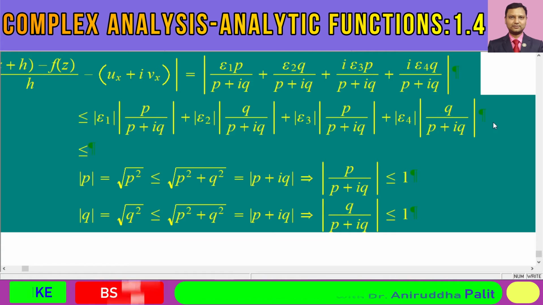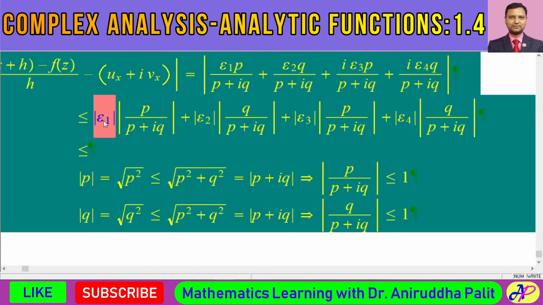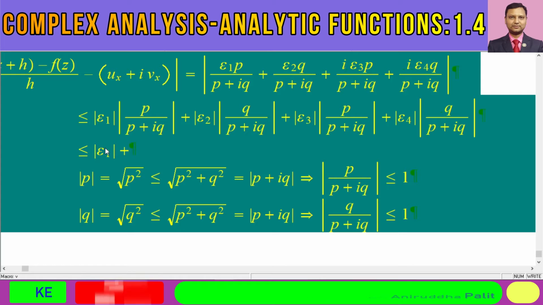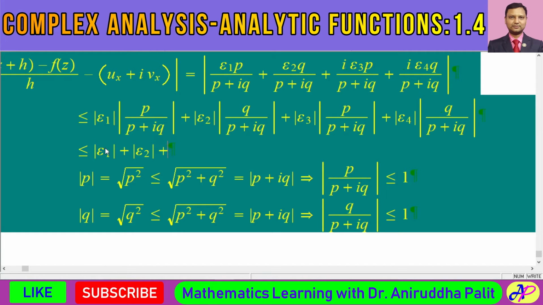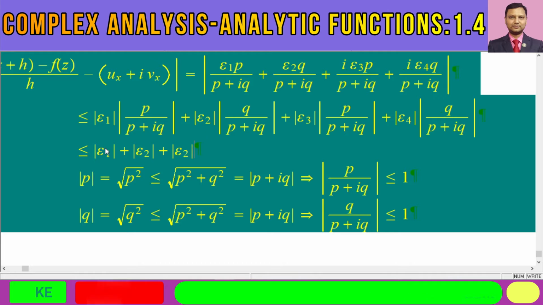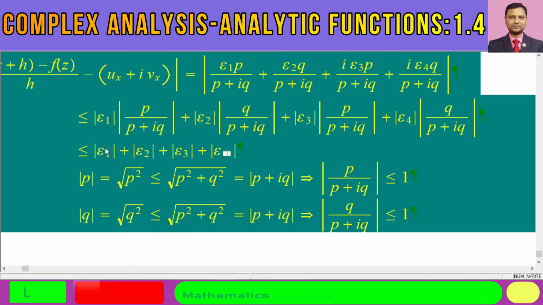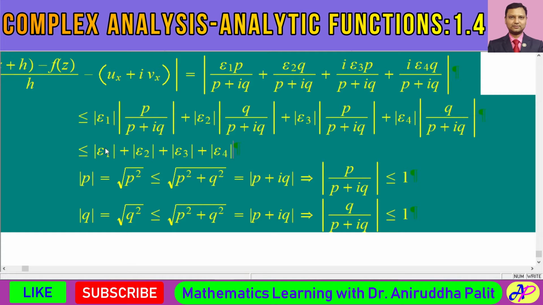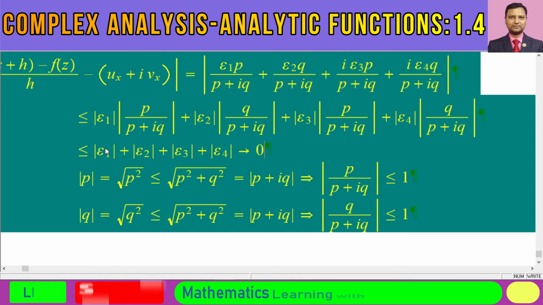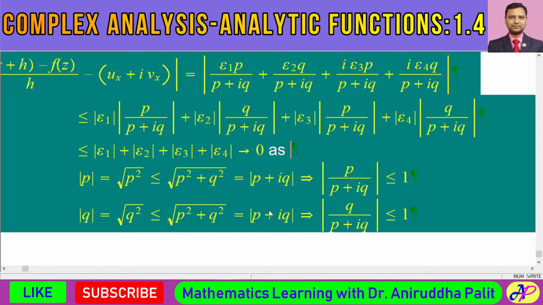Therefore, you can write this expression is less than or equal to modulus of epsilon 1 plus modulus of epsilon 2 plus modulus of epsilon 3 plus modulus of epsilon 4. Clear? And therefore, we all know that all these four epsilons are tending to 0 as this h, that is equal to p plus iq, is tending to 0.